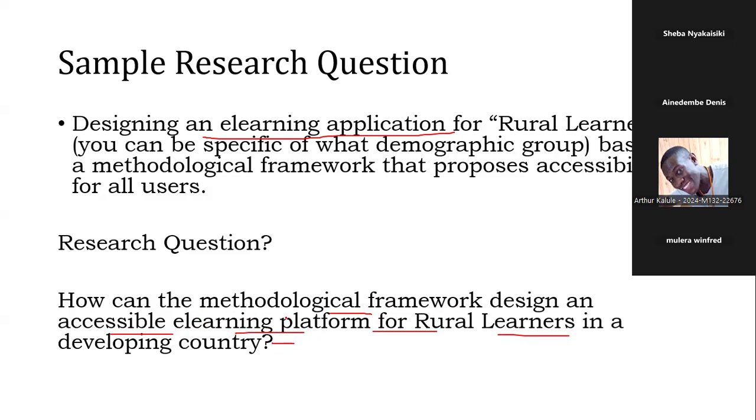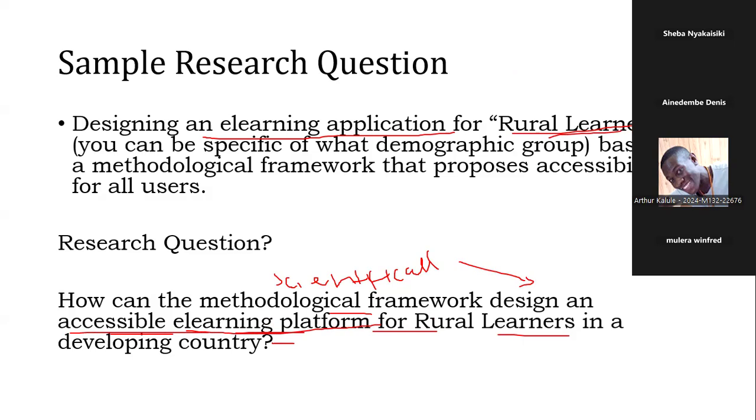In other words, how can I scientifically design an accessible e-learning platform? By the time I'm talking about rural learners, it means I'm talking about accessibility, what is accessible for rural learners. What devices do they have available to them?